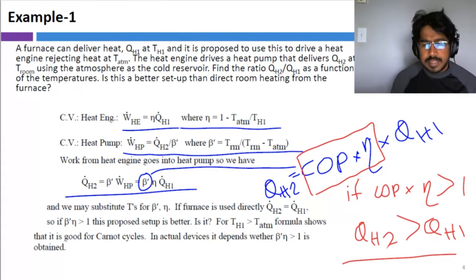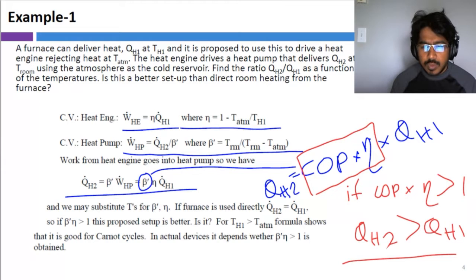Perfect. So what does that tell us? If we use the furnace straight away to heat our house, then our house is going to get QH1 amount of heat. And as we use our new setup, using that heat to drive a heat engine, then to power a heat pump, there we gain some energy, right?